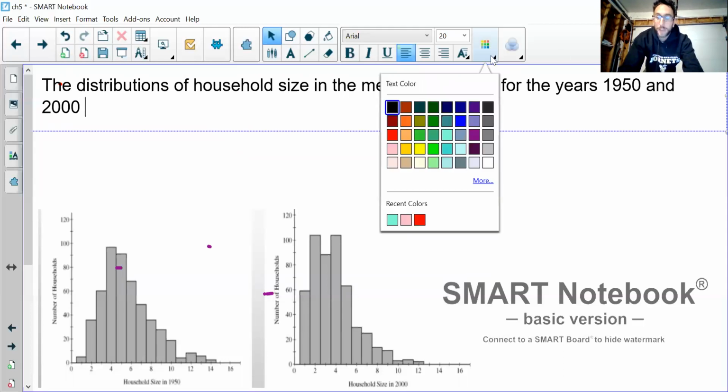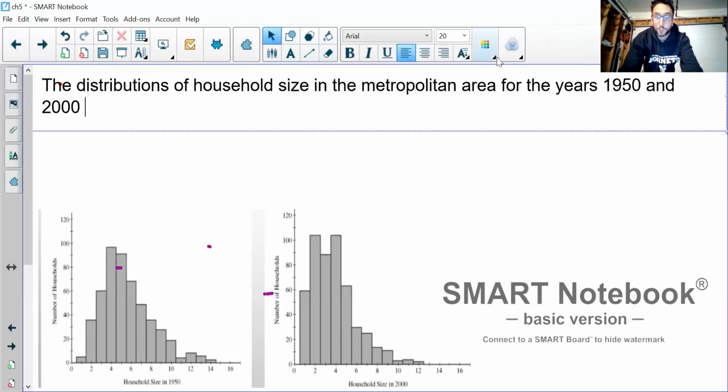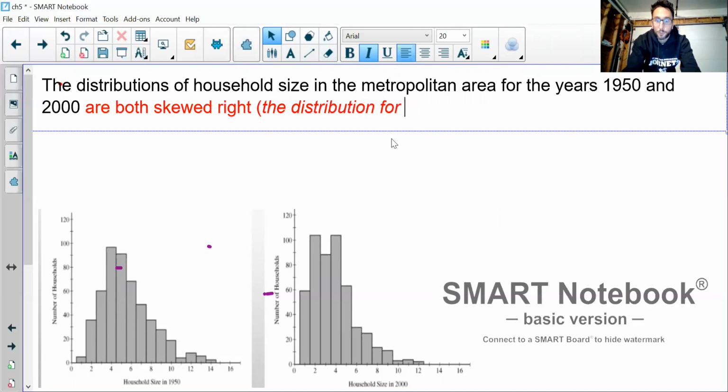Now you don't have to go in order. You don't have to write shape, outlier, center, spread, but I'm sure a lot of us like to. So I'm going to say they are both skewed right. Start with shape. Now in italics, I'm going to put, we could say that the distribution for 2000 is more sharply skewed.